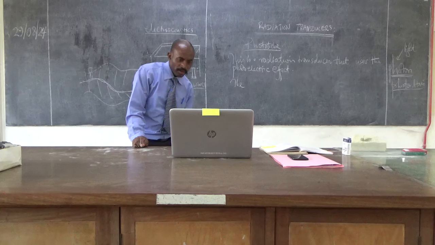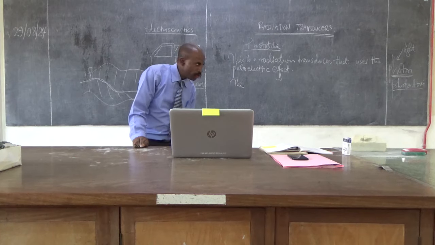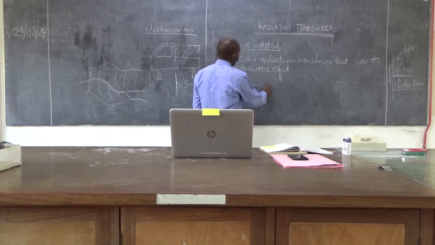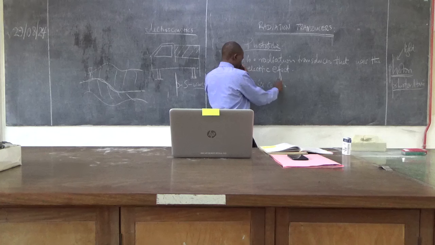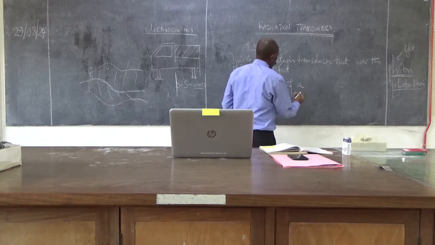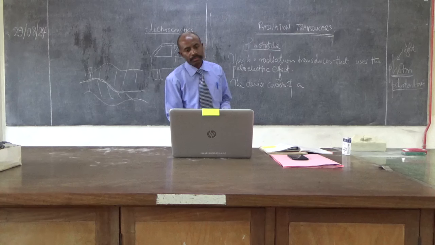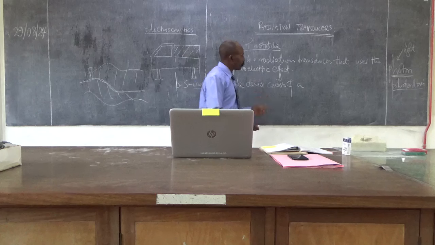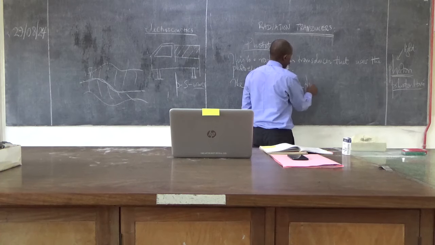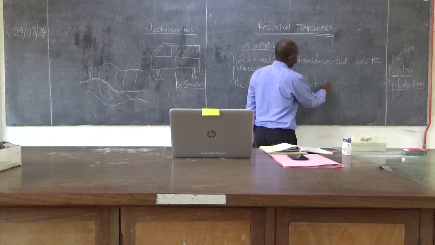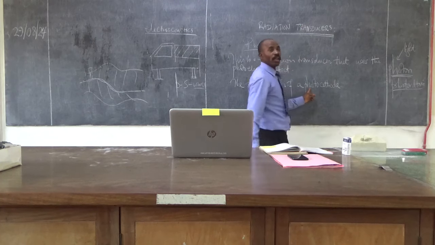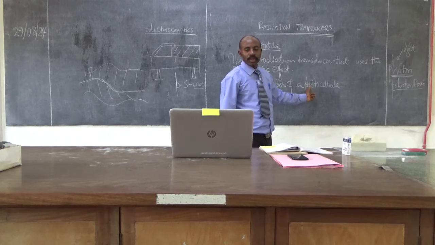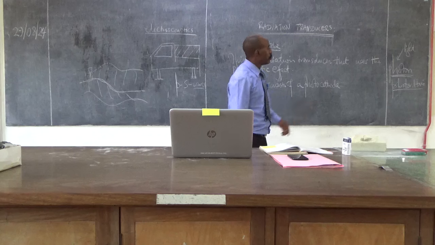The transducer consists of a cathode, or if you want to be specific, you say photocathode. That is a cathode that produces electrons when the photons fall on it. So a photocathode and an anode.